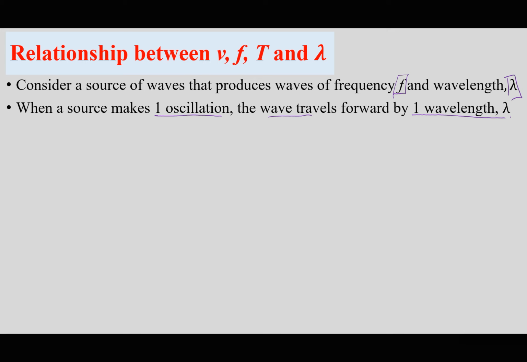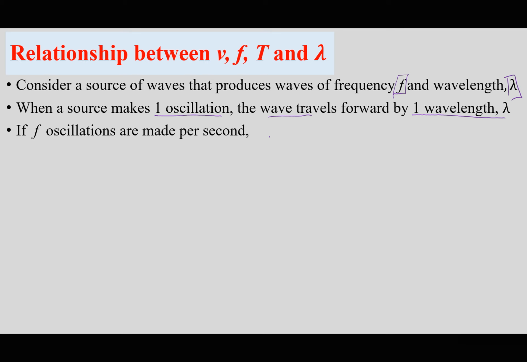Now if f oscillations are made per second, because remember wave frequency is the number of oscillations made per unit time, and the unit time here is 1 second.